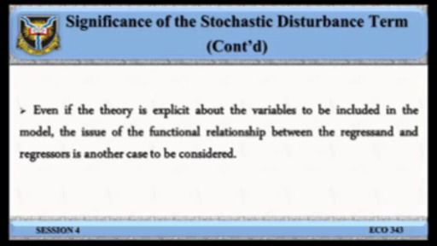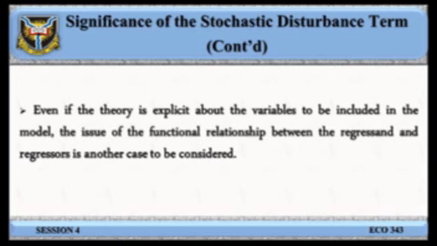2. Even if the theory is explicit about the variables to be included in the model, the issue of the functional relationship between the regressand and regressors is another case to be considered. For example, is consumption expenditure a linear or nonlinear function of income?